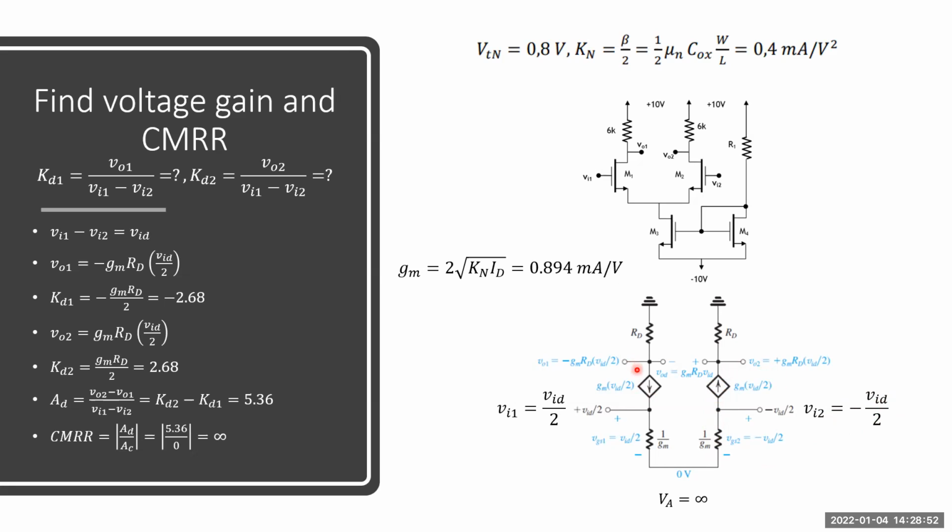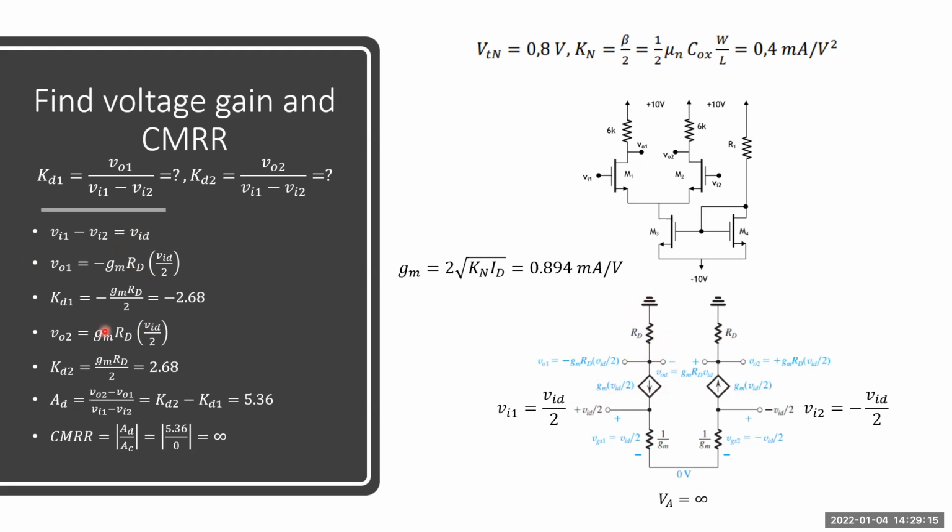Firstly, we are going to find the VO1 expression here. What is VO1 here? It's basically equal to RD times the dependent current here. It equals minus gm VID over 2 times RD.